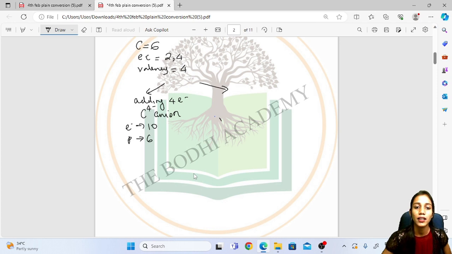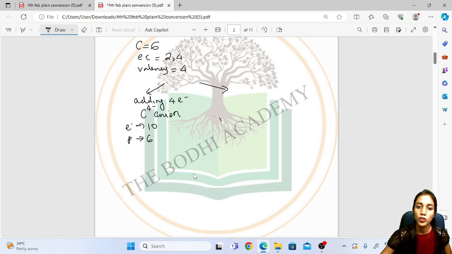So making the C4 minus anion makes the carbon atom unstable, because it is difficult for the nucleus carrying 6 protons to hold 10 electrons. So this is not feasible. You can't add 4 electrons.